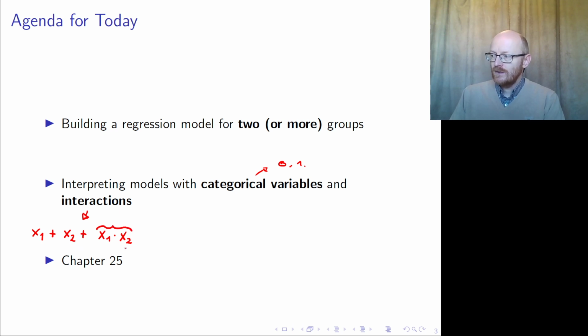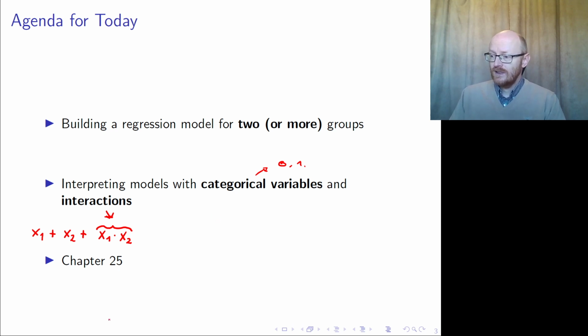So for example, if x1 can take on the values 0 or 1, and the x2 variable is numerical, then this interaction term is either 0 times the numerical variable, or it's 1 times the numerical variable. Okay, but we're going into that later.